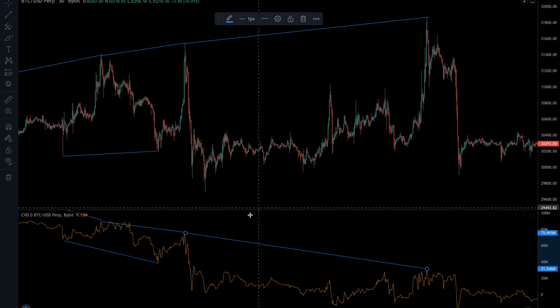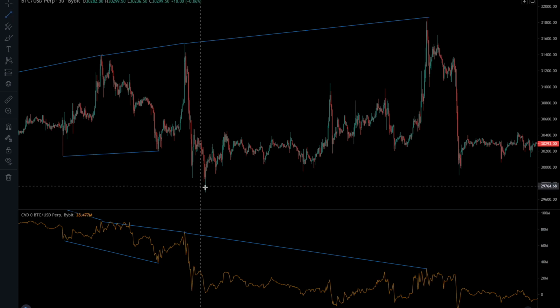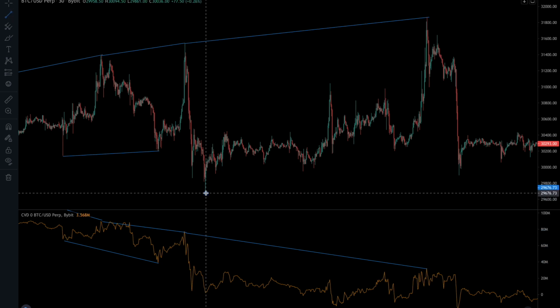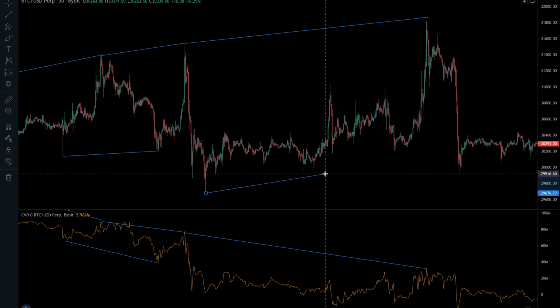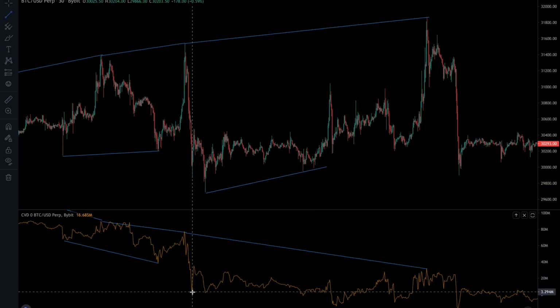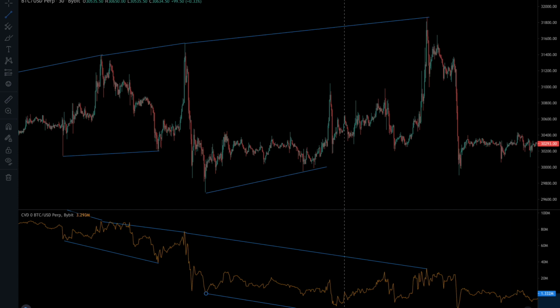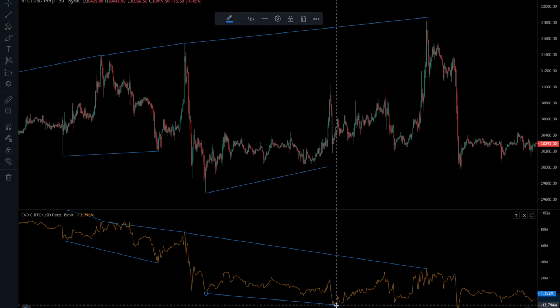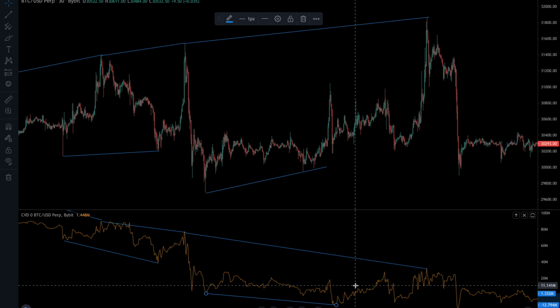Also, what you can see before, again, is the absorption at the bottom of the range. So here we have higher lows, whereas what happens here is that we have lower lows in CVD, and once again CVD is this cumulative volume delta, which is showing you the delta of the buying volume and selling volume over time on a cumulative basis of the market participants who are using market orders.